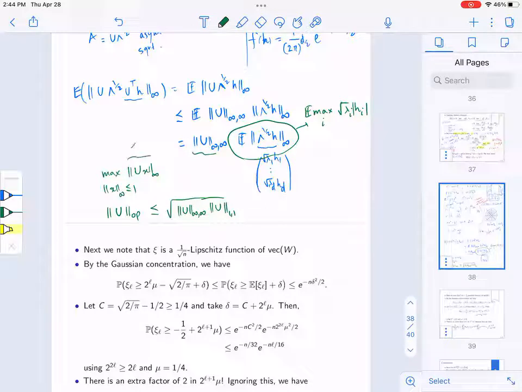But that's not going to help. You can bound it by the L2 norm, but then this would be like root D. This is a little bit problematic here. We can try to figure out what this is.